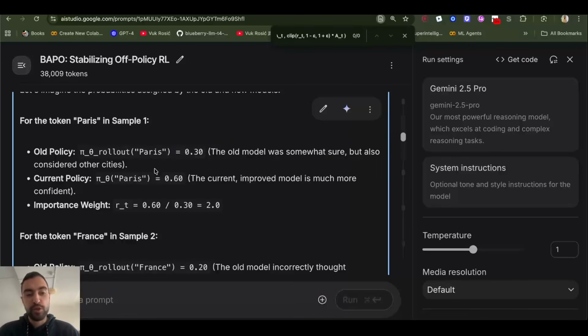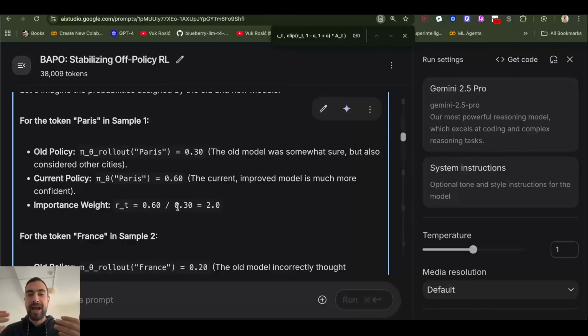So the answer to capital of France was correct by the model. It was Paris. And so imagine that the first time we asked it, it thought that Paris was 30% likely to be the next token there. And so the answer was correct, so we updated the new model.